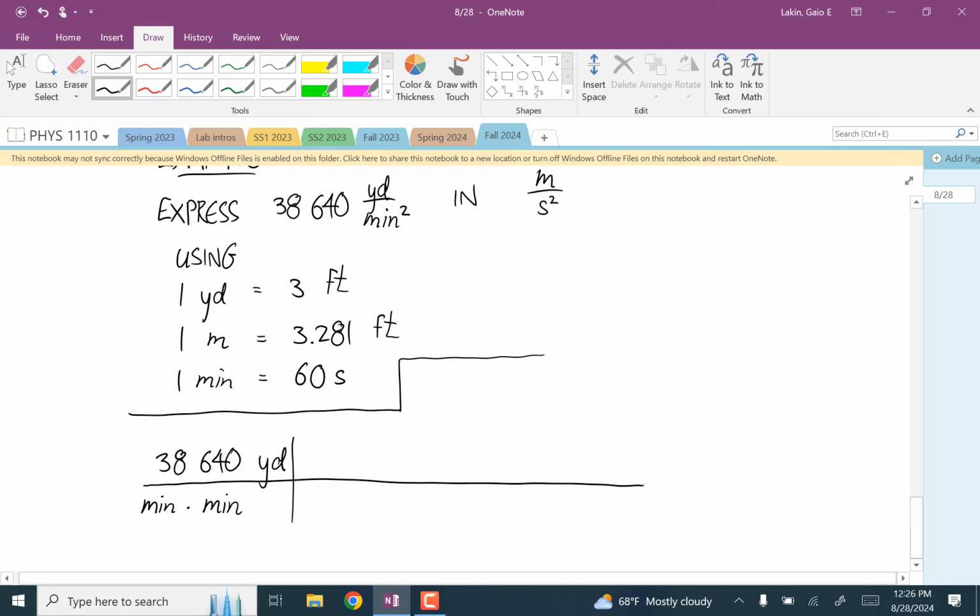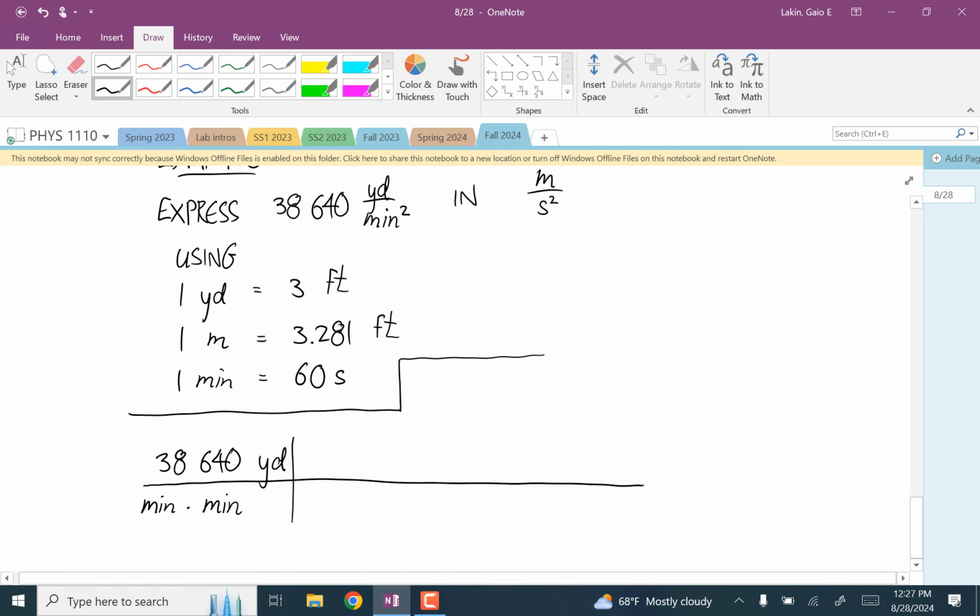Multiplication doesn't have a preferred order. I guess I'm going to start by, my first step is going to convert yards to, I'm going to go from yards to feet and then feet to meters. And then when I'm done with that, I'm going to go minutes to seconds. And then when I'm done with that, I'm going to do my other minutes to seconds. And then we'll be done, okay?